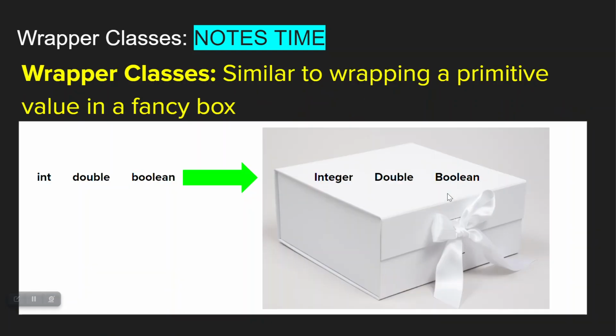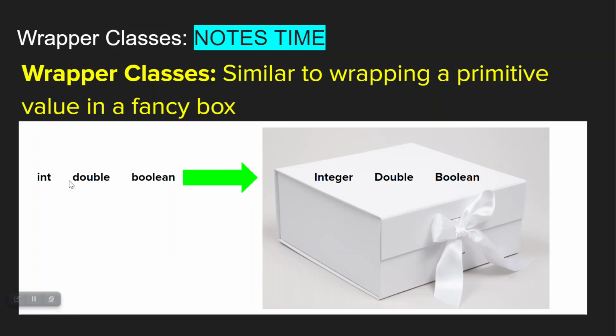So what even is a wrapper class? I like to explain it to my students as taking a primitive value and wrapping it in a fancy box. Before, when we were referring to ints, doubles, and booleans, we always wrote them in all lowercase, and we understood that these are values stored in specific amounts of memory space, each with a fixed number of bytes reserved.